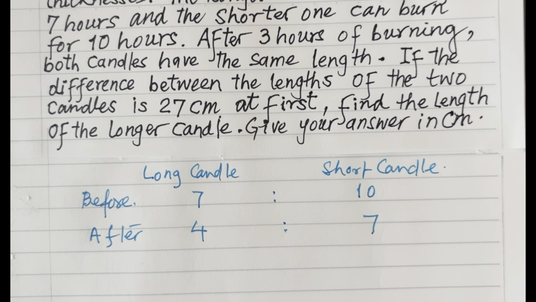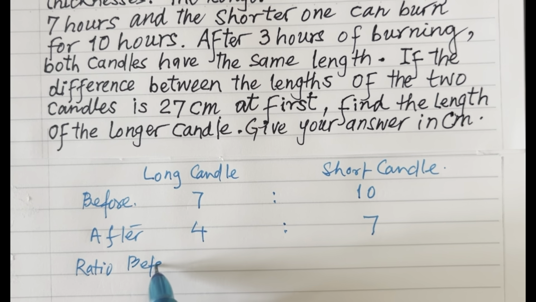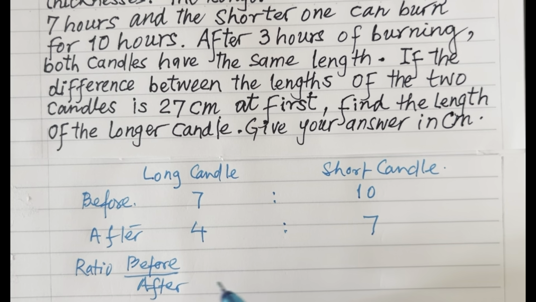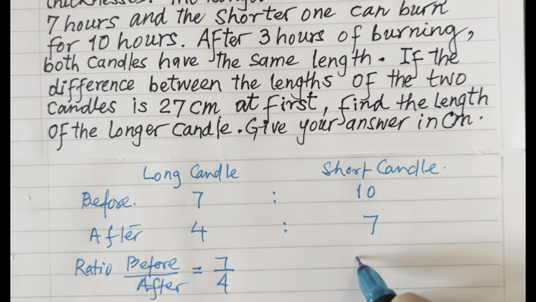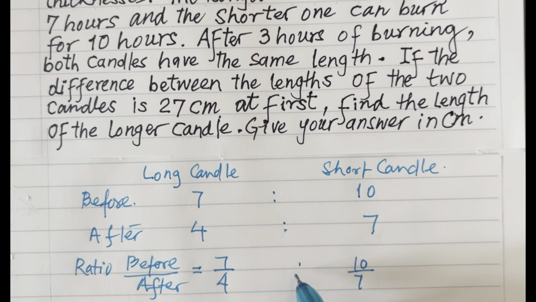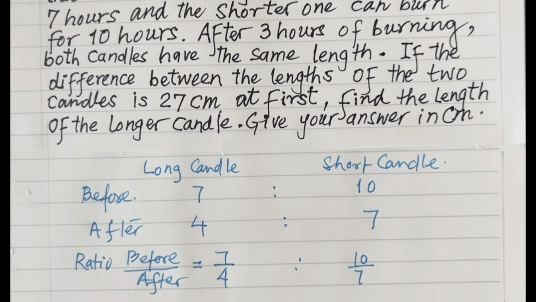So we can say the ratio before and after the burning becomes 7/4 for the long candle and it becomes 10/7 for the short candle.